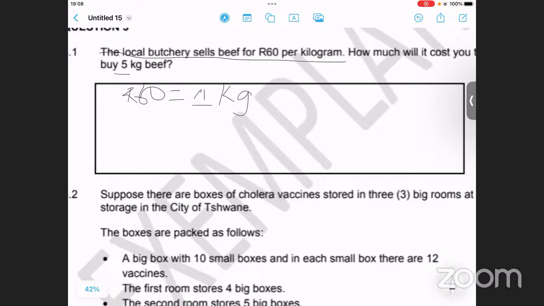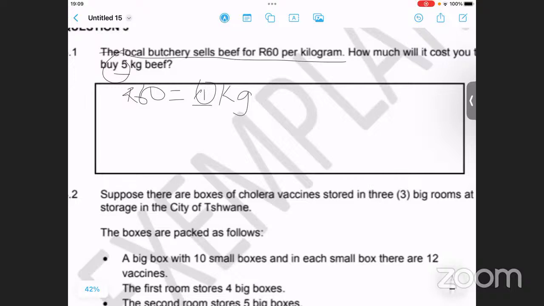So now you want to know how many ones make a 5. How many ones make a 5? 5. Perfect. So that means you're going to take the price per kilogram and multiply it by 5 for 5 kg.